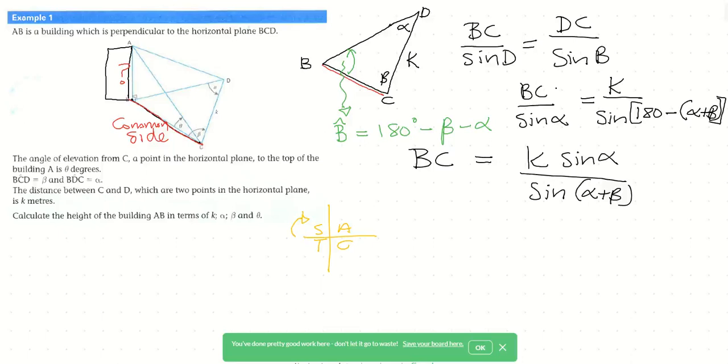If I want to find out what AB is, I've got that angle, I've got the adjacent and the opposite. So tan theta is equal to opposite, which is AB, all over BC.